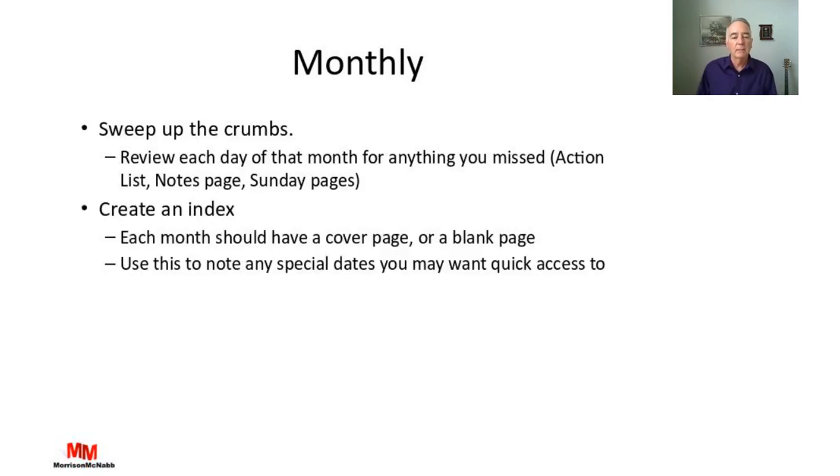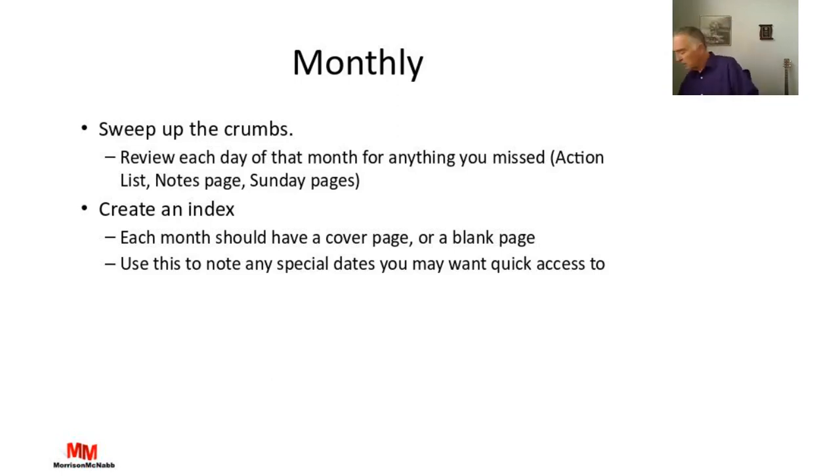All right. Next is a useful way: creating an index for the month. So at the beginning of your monthly planning pages, I don't know if you'll be able to see it here, you've got a blank page. It's just a notes page at the beginning of every month. There's a little tab on here for December, and use that for the month that just closed, and create an index.